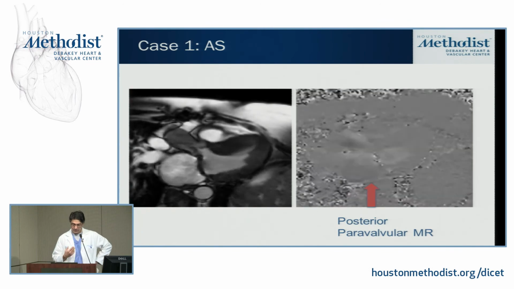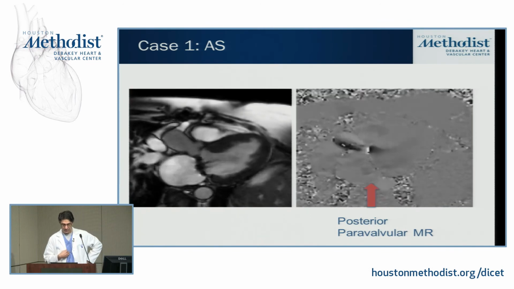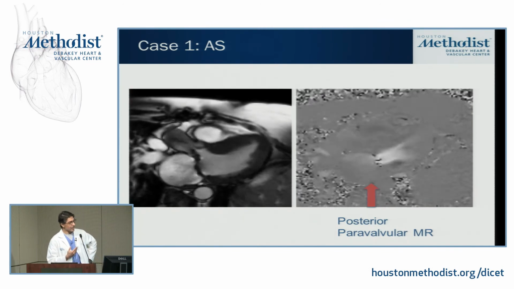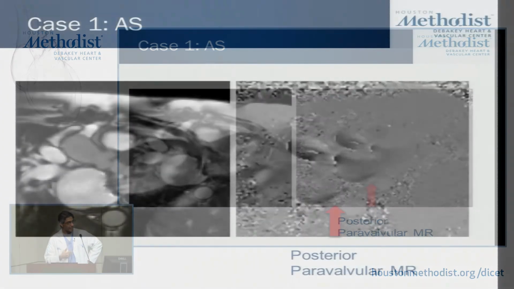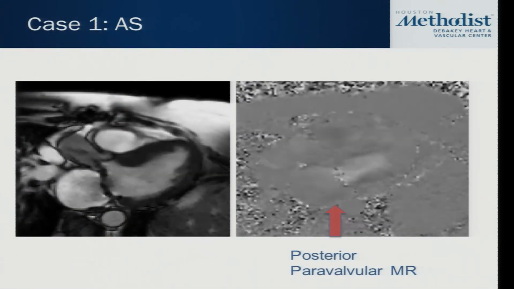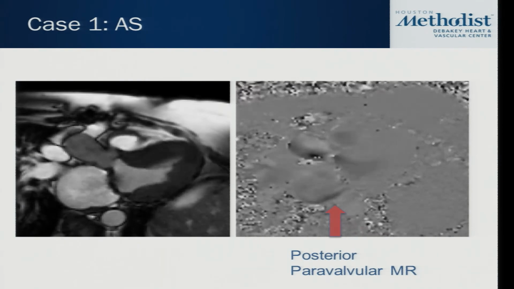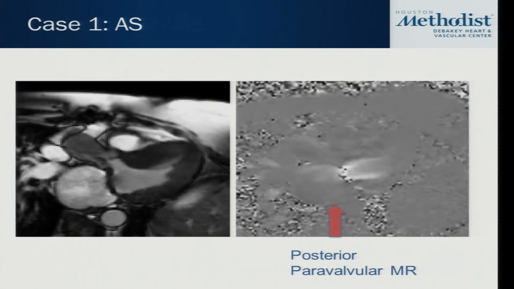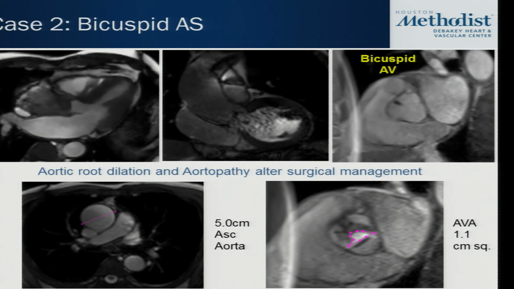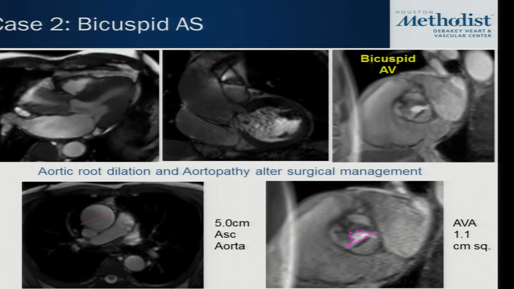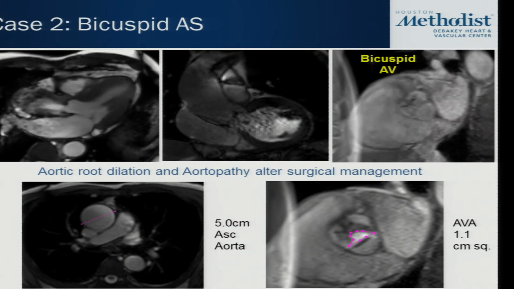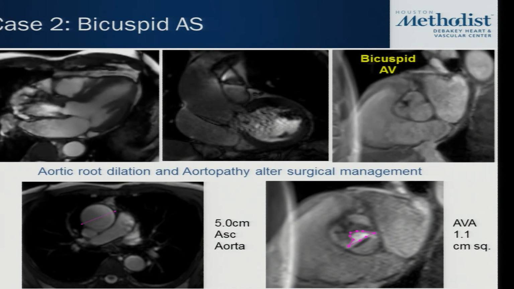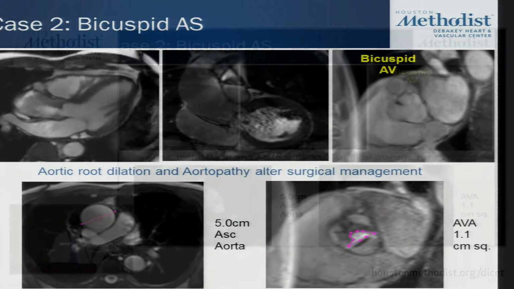What was nice was we had a 3-chamber view, phase contrast, and here for the first time we could clearly make out that there was a paravalvular defect that could explain the patient's hemolysis. This patient went on then to have calculation of his mitral regurgitation, which we've talked about how to do in another course.